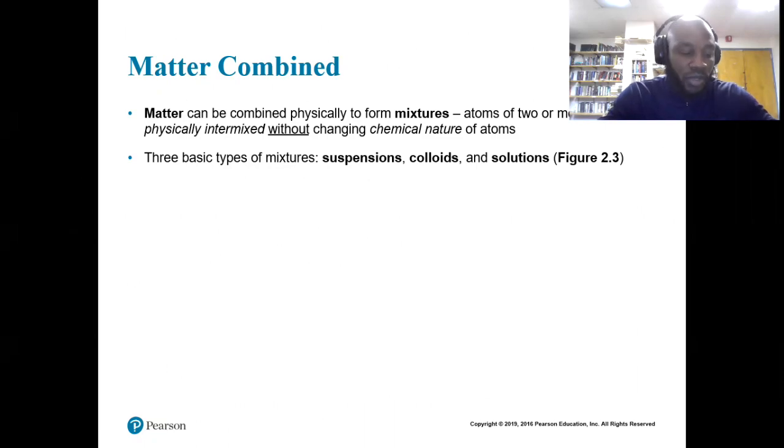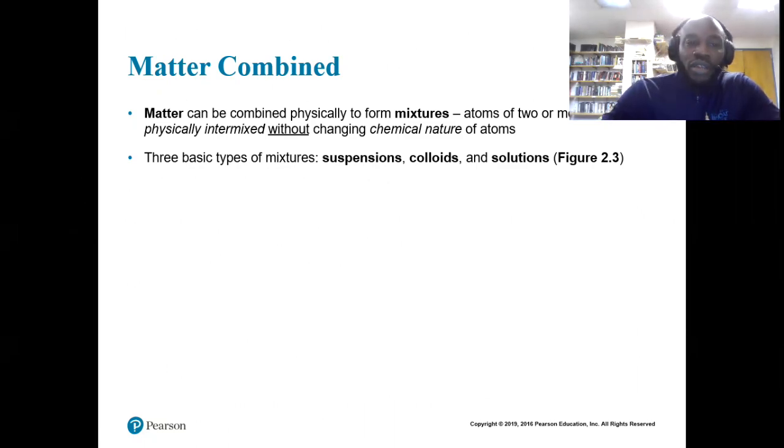So if I take water and put salt in it and make salt water, you still have water and you still have salt. You may not be able to see the salt if I stir it up really well, but they haven't changed their chemical nature. I still can taste the salt and I still have water, right?